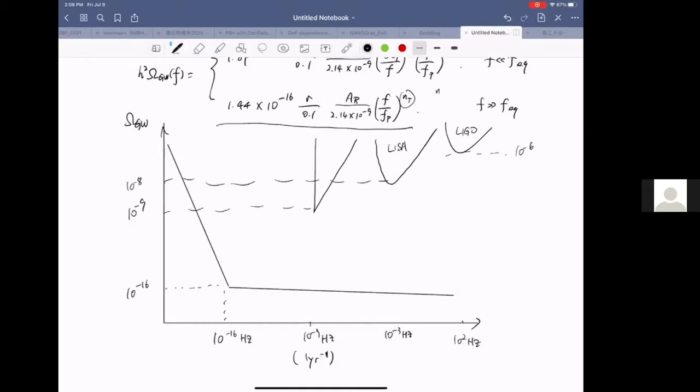So n_T is usually negative and small. But in modified gravity models, it is possible to make n_T positive. Then this line can just go up and make it possible to be detected in the future, like in some next generation BBO or something. It is possible to do that.